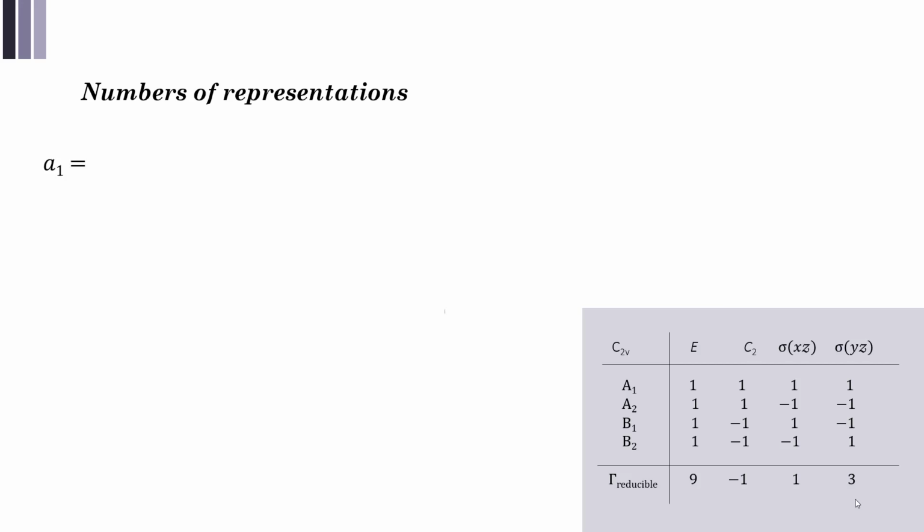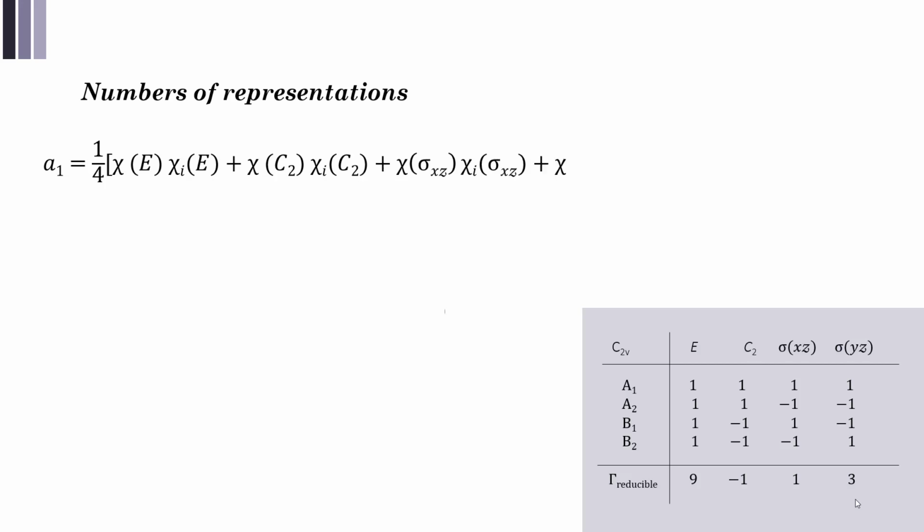Just multiply the order of the group, 1 by 4, that is the order of the group, the character of identity in a reducible and character of identity in an irreducible set, added by the character of C2 in a reducible multiplied by the character of C2 in an irreducible component. Similarly, the third one, the character of sigma xz in a reducible and character of sigma xz in an irreducible set, and so on.